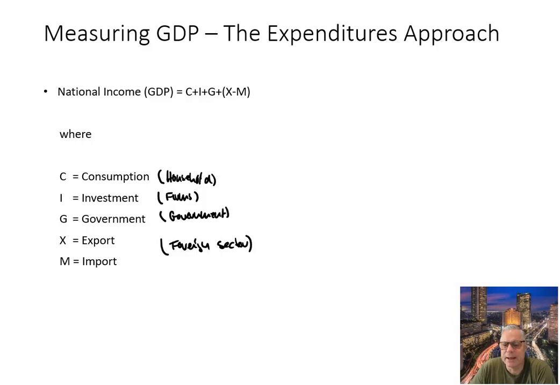So you may be wondering about GDP. Another way of writing it, sometimes we just write GDP as Y. So Y equals consumption plus investment plus government spending plus exports minus imports.